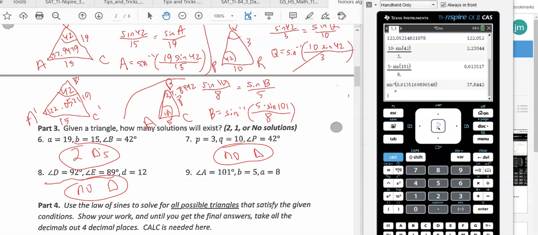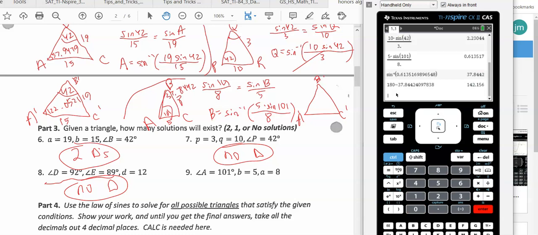Okay, so I'm going to draw a second triangle. I'll take the supplement of that angle, so 180 minus that angle. Wow, 142. So I've got 142 plus 101.